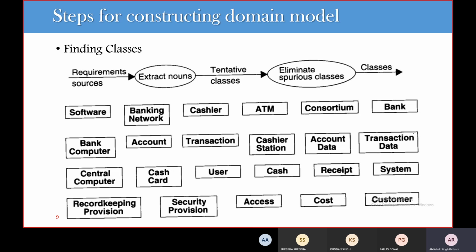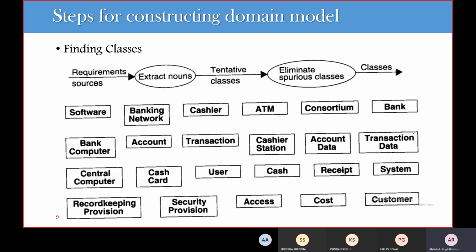Again, when we are going to find nouns, we don't have to operate blindly. Our basic idea is to capture the concepts, okay? We don't say that all nouns reflect all the concepts, or some concepts may be expressed in other forms, such as described in verb form or adjective form.